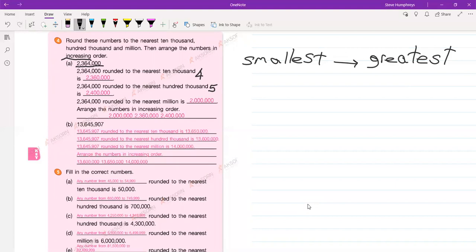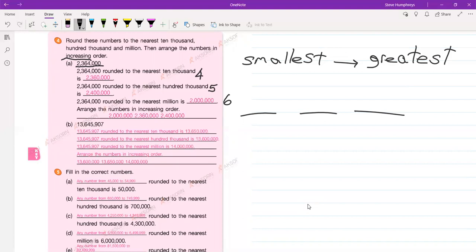And then the same number, rounded to the nearest million. Look at the last 6 digits. Then you have to arrange your answers in increasing order, which is smallest, middle, and the greatest number on the line.